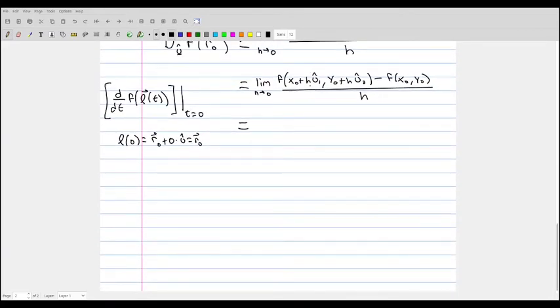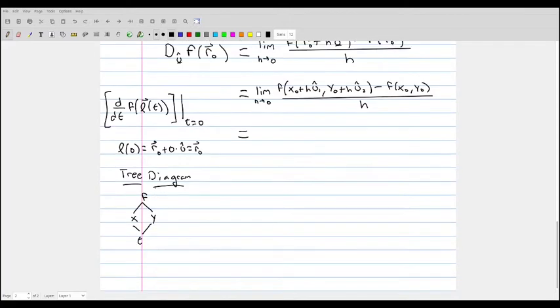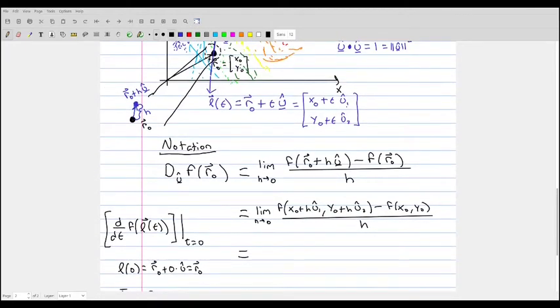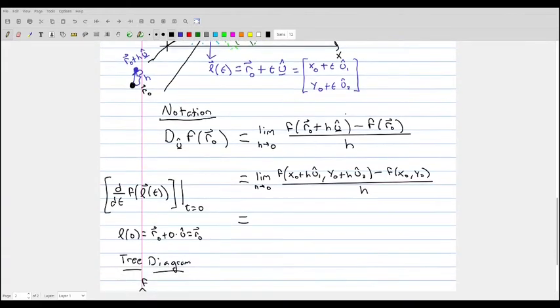This is directly because of the fact that in the chain of dependence, the tree diagram for this scenario, we have that f depends on x and y, which also depend on t, where x is the x coordinate of points on this line, so it's x naught plus t times u1, and y of t is y naught plus t times u2. So this is the tree diagram for this.